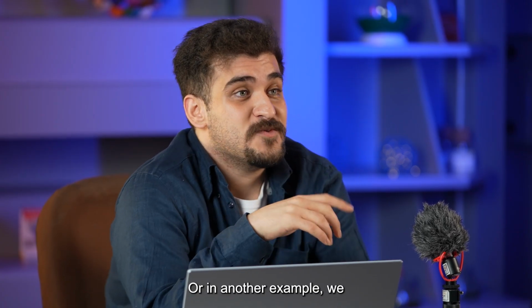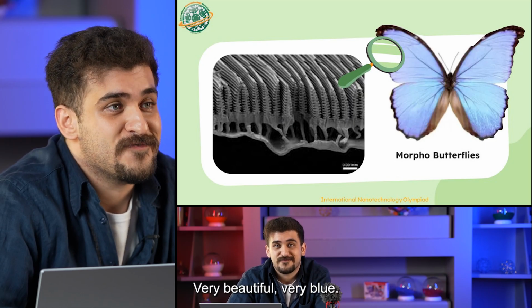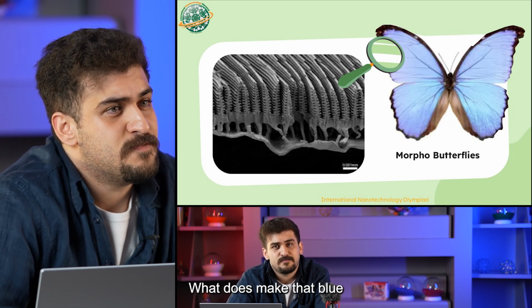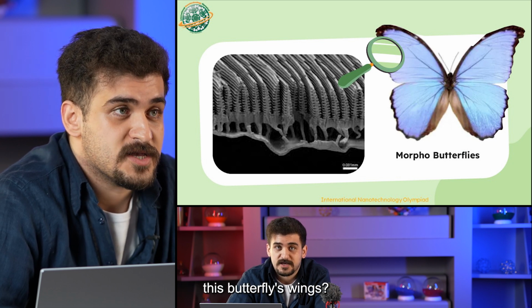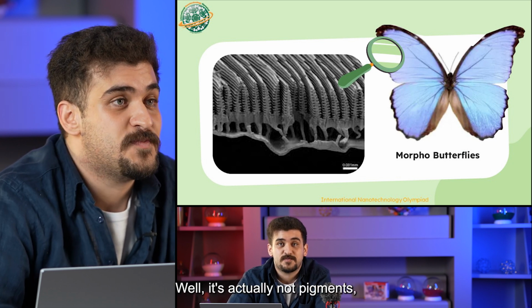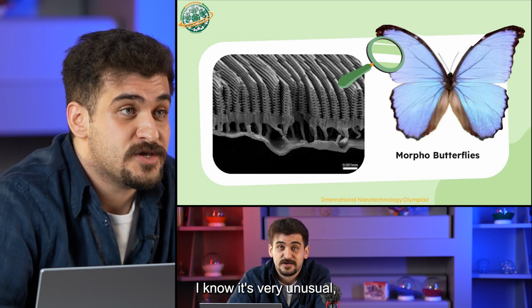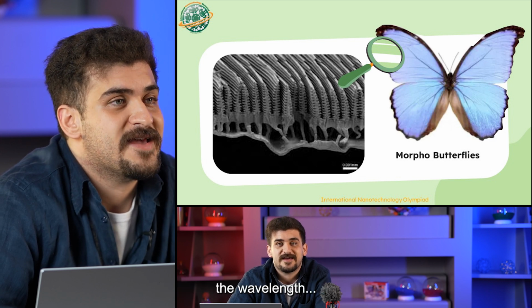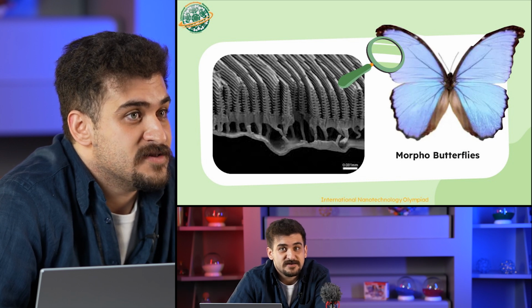Or in another example, we could refer to butterflies. There is a butterfly called the morpho butterfly, very beautiful, very blue. But what makes that beautiful color on this butterfly's wings? Well, it's actually not pigments, it is the structure. I know it's very unusual, but some nanostructures can modify the wavelength, refracting and reflecting of that surface.